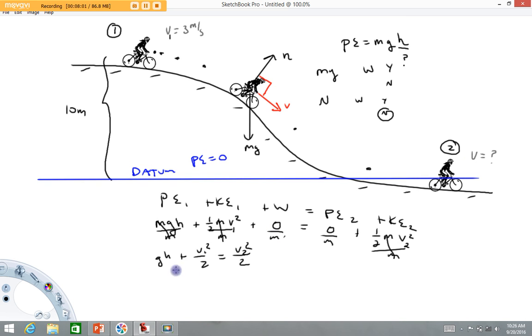All right, I'm going to go ahead and put units into this. Now the units are consistent, so I'm going to put NCU for note consistent units. So this is going to be 9.8 times 10 plus V1, which is 3, squared, divided by 2, equals v2 squared over 2.